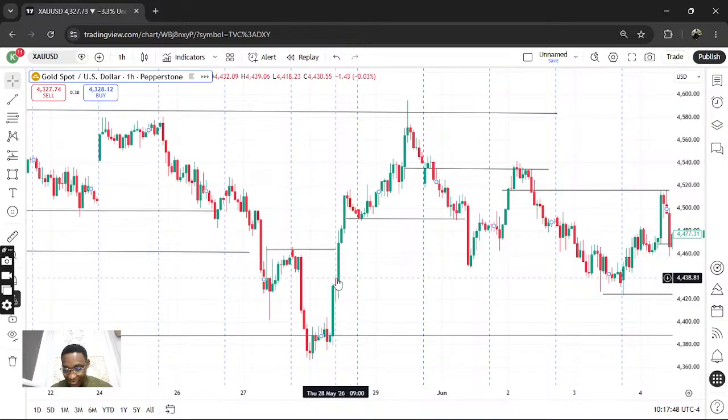And then look at this. At this point, this is New York. This is the London session, 7 o'clock London session. At 7 o'clock London session, the market traded into this other block.